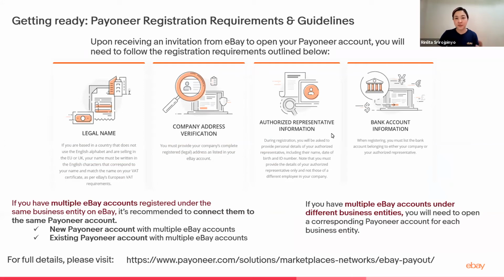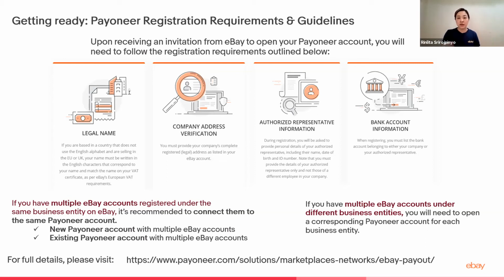Basically, each of the sellers needs to provide the legal name, either the owner's name for individuals or the company name for the business type, and then the address with the verification document, as well as the authorized representative information such as date of birth, citizen ID, and country. Then the bank account, so that all the proceeds or the money in your Payoneer account can be transferred to your bank account.